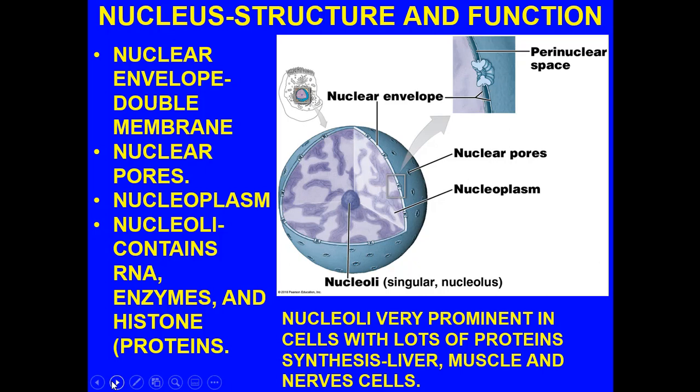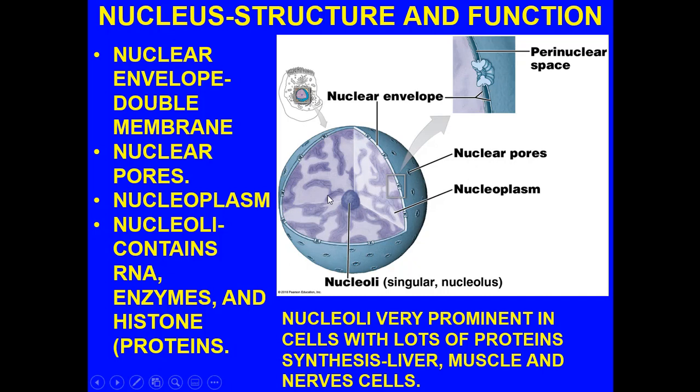Now, let's talk a little bit more about the structure and function of the nucleus. It is a double membrane for its envelope. This is sort of the membrane that contains everything on the inside. We have what we call the nucleoplasm, similar to cytoplasm. It's fluid inside here.